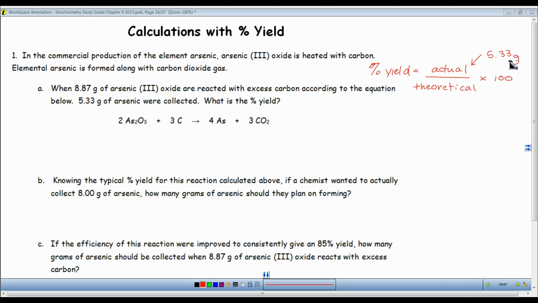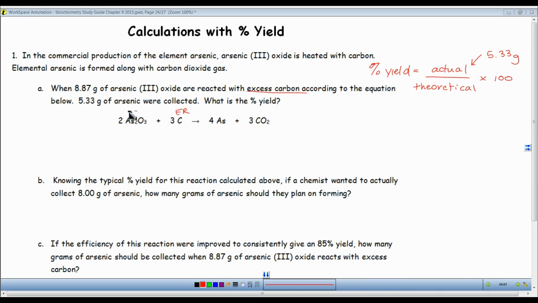If we're not the ones conducting the experiment, then somebody's got to tell us the actual yield. The theoretical needs to be determined through calculation. So we're all going to have the same theoretical yield. Now there's something else that I like. This arsenic oxide was reacted with excess carbon, which is just a way of telling us that carbon is the excess reactant.